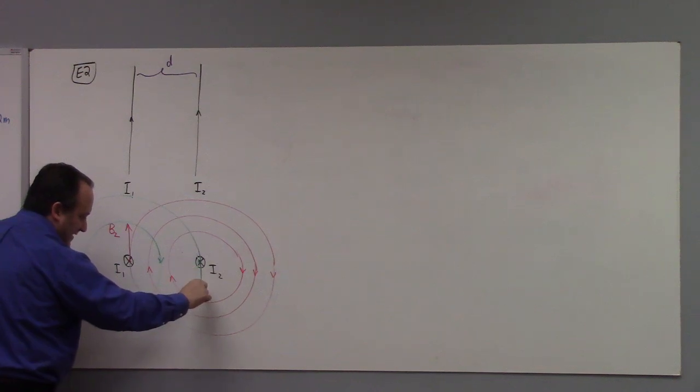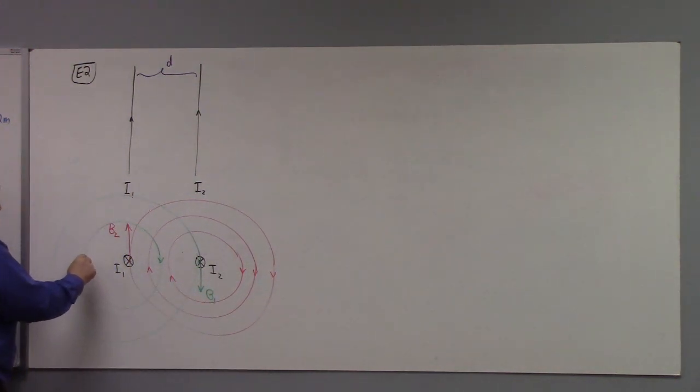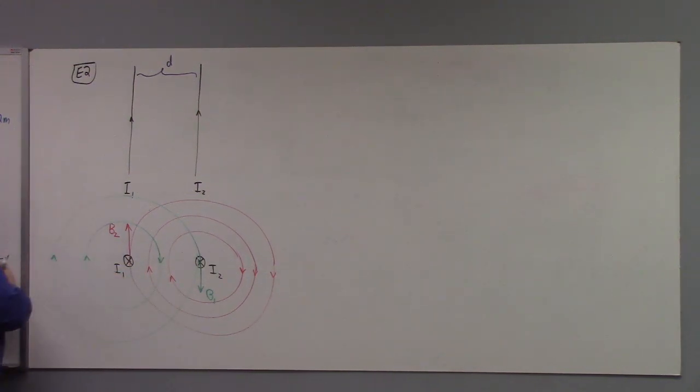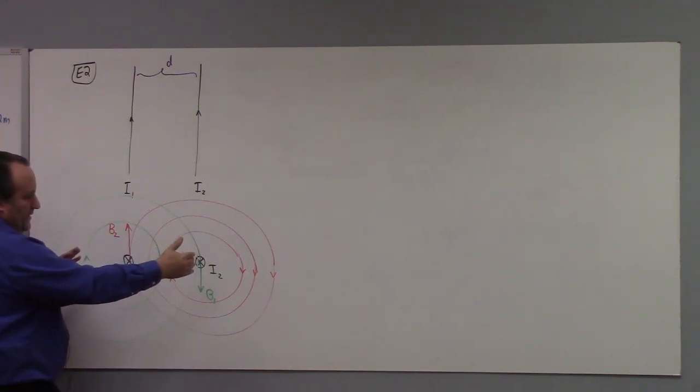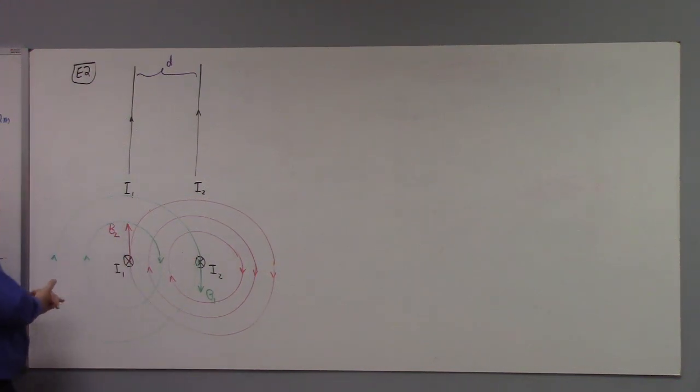The magnetic field from current 1 will be going up on this side of I1. The magnetic field encircles the current like this. But the larger point is, we can figure out the force of the magnetic field from the second current on the first current, and vice versa.